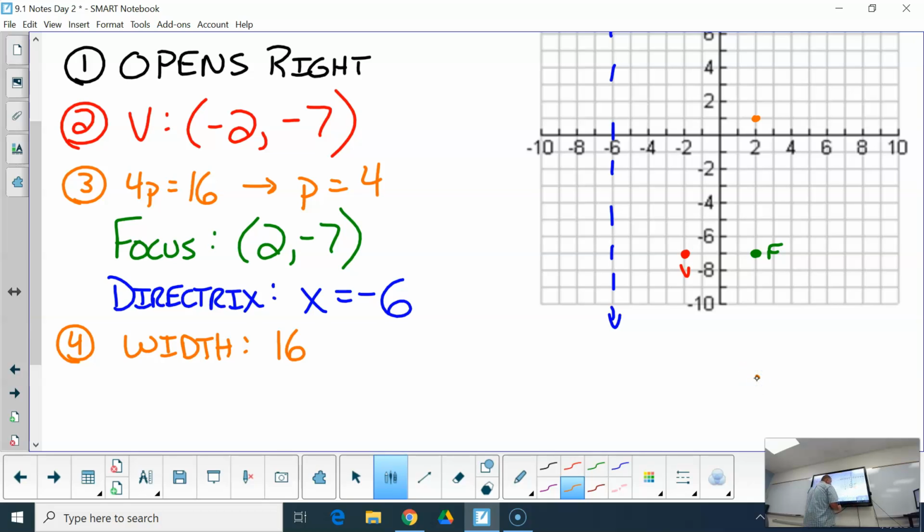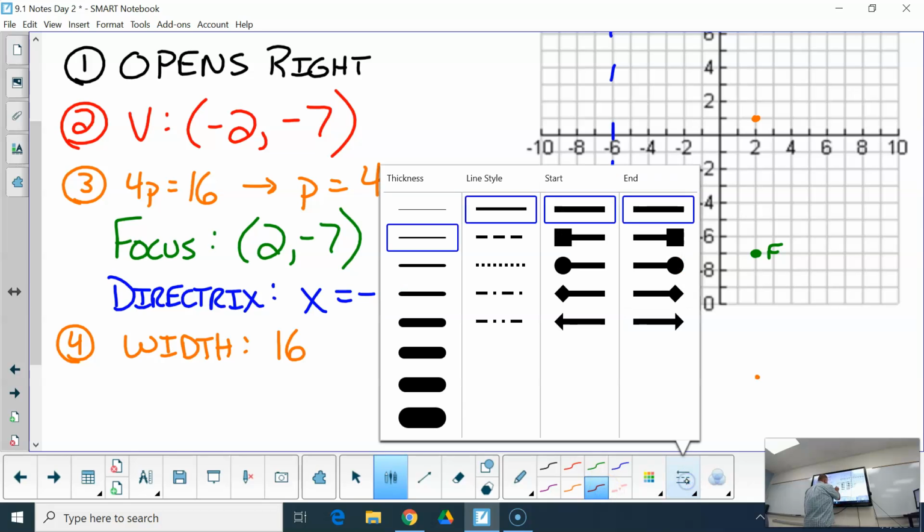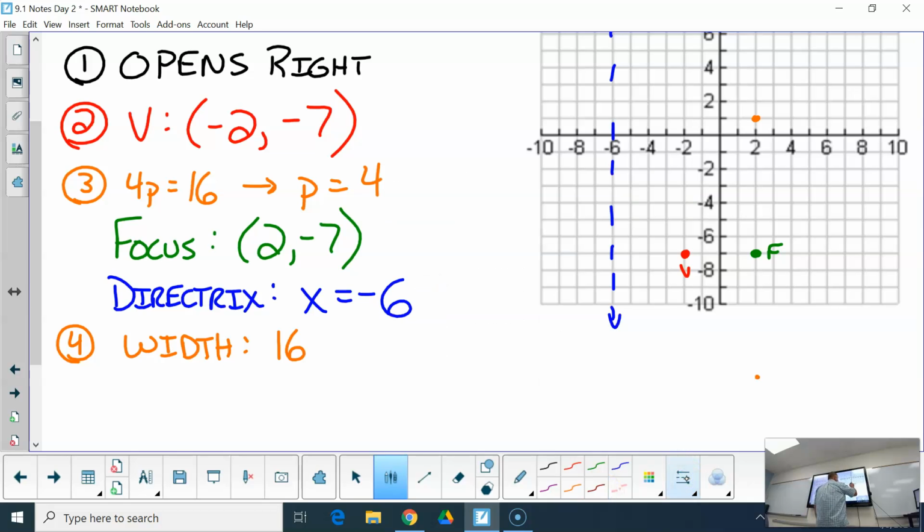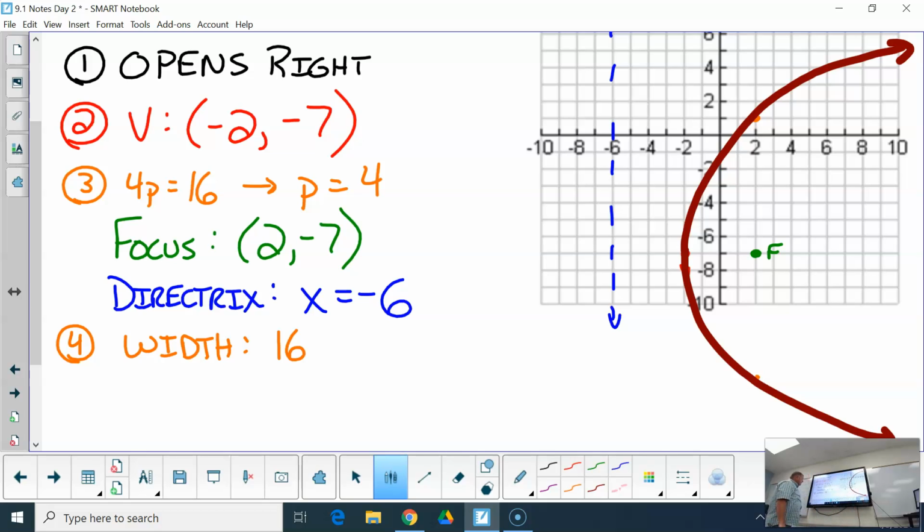Roughly somewhere in about there. That's going to then allow me to draw in my parabola. There's my parabola. And lastly, we have to find the axis of symmetry.